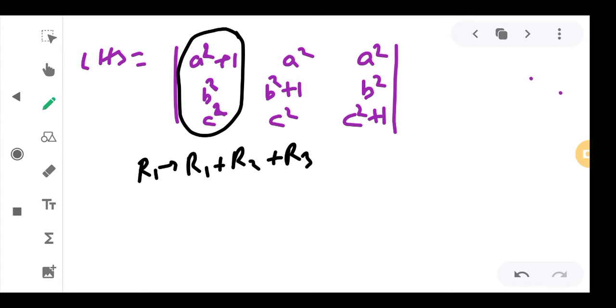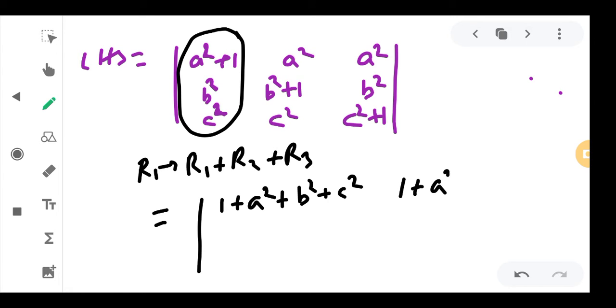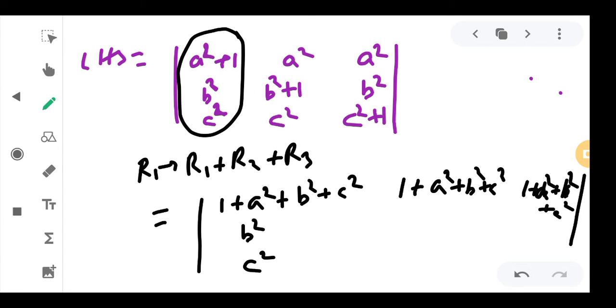If I do this, then what will happen? 1 plus a square plus b square plus c square, and this will become 1 plus a square plus b square plus c square, and this will also become 1 plus a square plus b square plus c square, and this will be b square, c square, b square plus 1, b square, and c square plus 1.